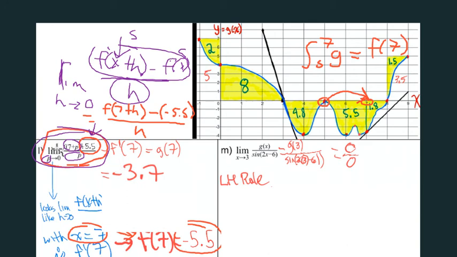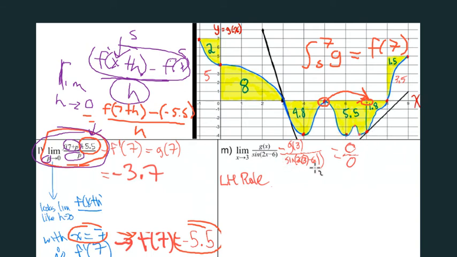I know that if it is a difference quotient, it has to be f at x plus p minus f at x. So in this case, f at x would be f at 7. Okay, so I figured out f at 7. Sure enough, f at 7 was negative 5.5, and it worked. Okay, so it just means the derivative of f when x equals 7 is negative 3.7, which is just the y value on the graph of g.